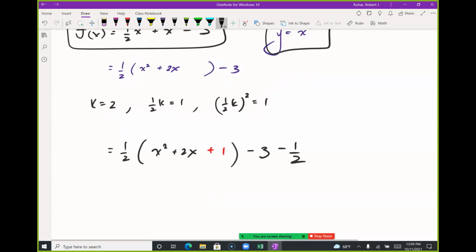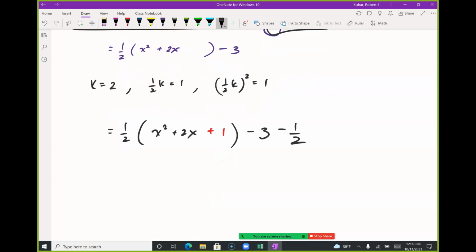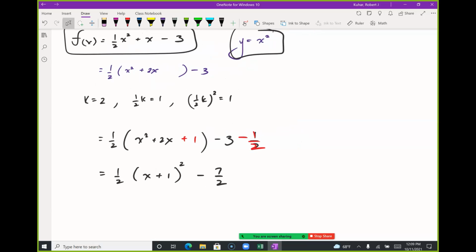And you did that perfectly. So that piece that I have now in the parenthesis always turns out to be x plus 1/2 of k quantity squared. And then I got a common denominator there, and I got 7/2. So this is now my vertex form, right?